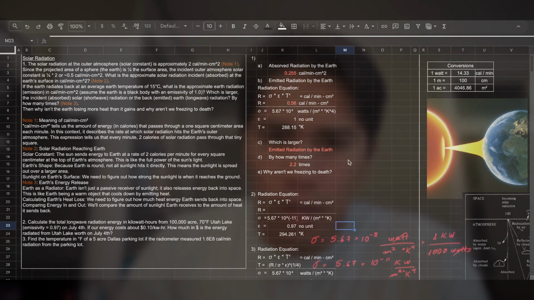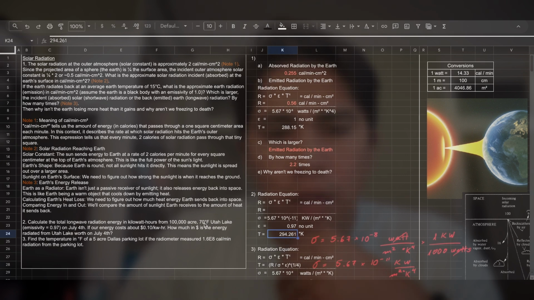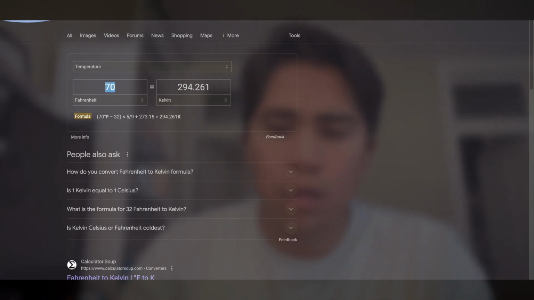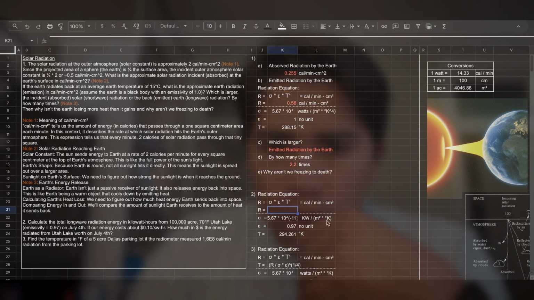Now we got the value of emissivity, 0.97, and they're giving us 70 degrees Fahrenheit, which in Kelvin will be 294.261. Yep, that's what it will be. Now we need to solve for the radiation.